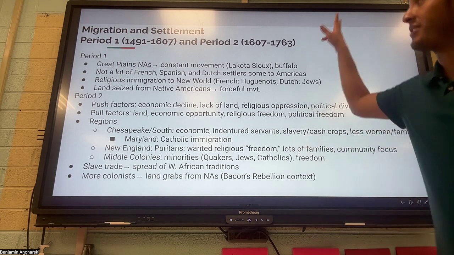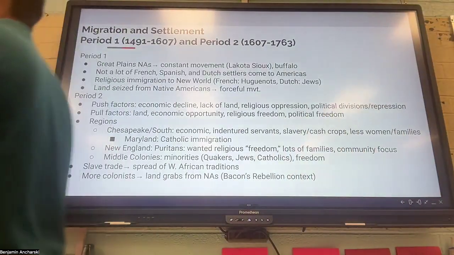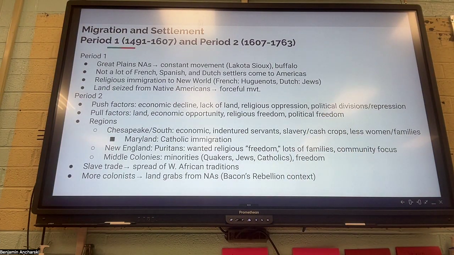We saw that the people that were coming to the New World in regards to religious persecution are a few different groups here. One, in France around this era, it's the Huguenots, right? So we see that there are religious minorities that are being persecuted in the old world. They're going to flee and start a whole new life out here.